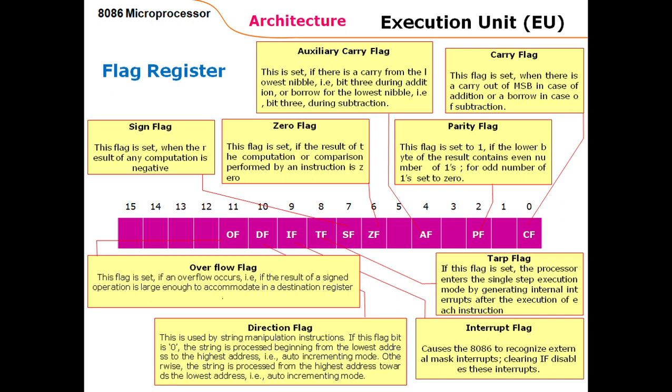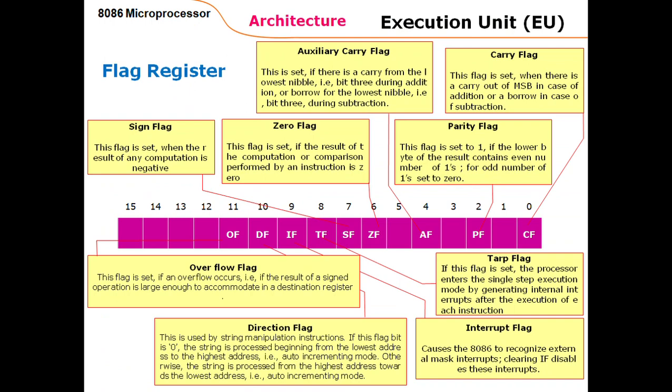So the overflow flag is set to 1 if there is an overflow, when an instruction is trying to store a larger value in a smaller register or smaller variable, and this would tell us if an overflow has been reached.